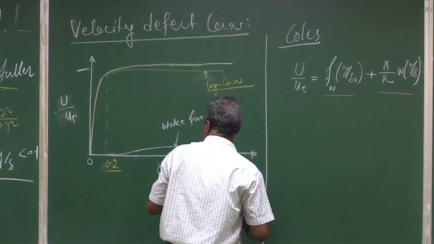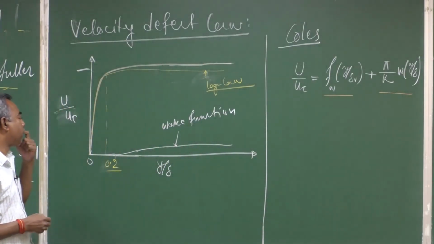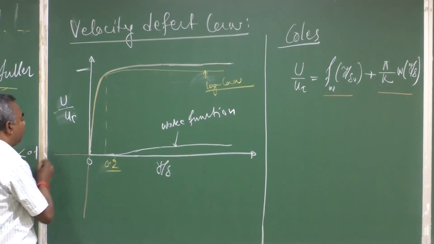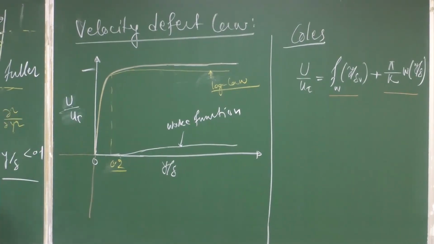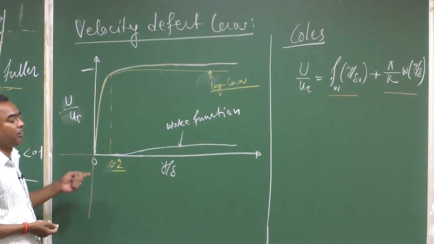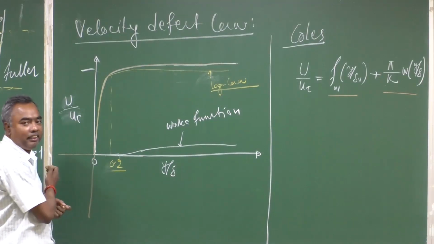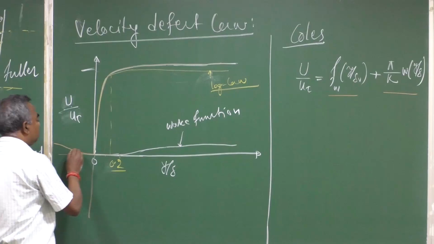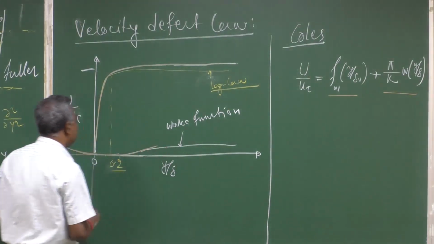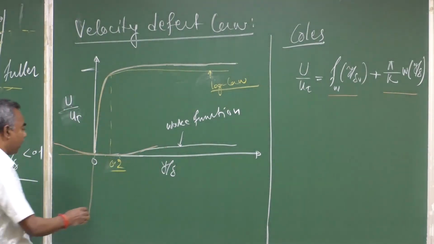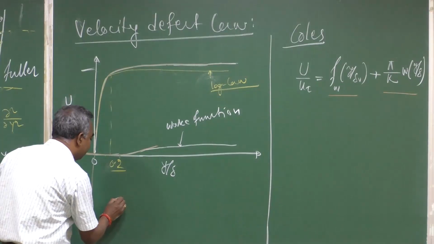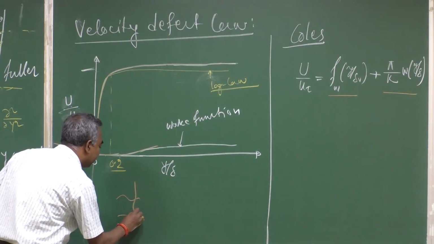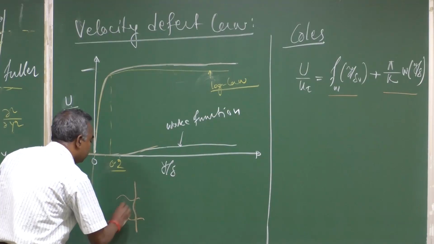And why this is called wake function, because with respect to y equal to 0, imagine in fact there is flow even on this side, then this profile could have been like this, right. Just like your wake profile, if you remember, in your turbulent wake, your velocity profile was coming like this, right. Okay.